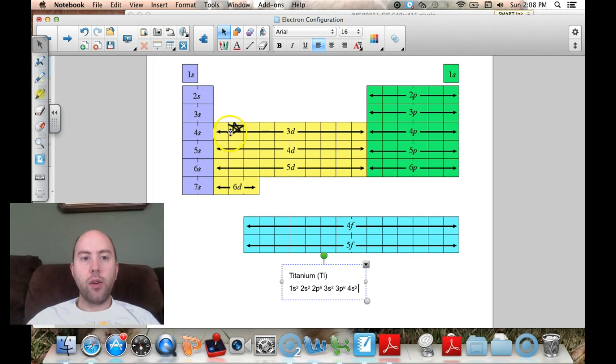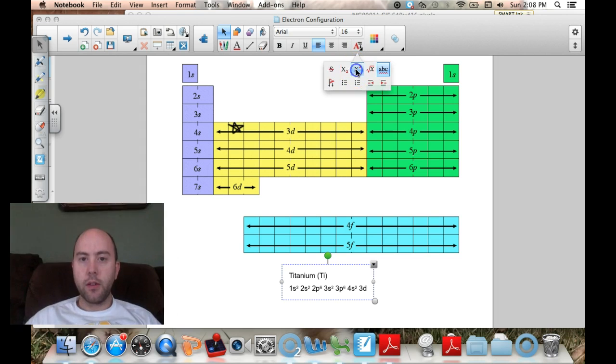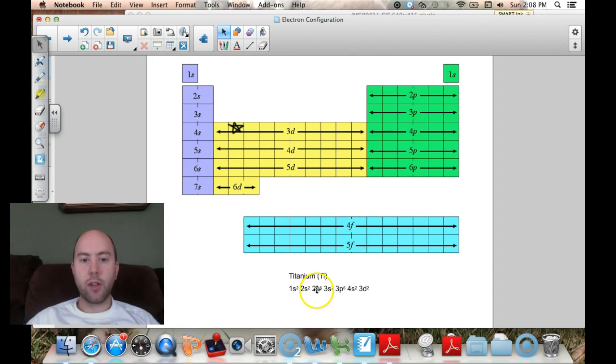And even though this is the 4th period, I'm going to write 3. Then I'm going to put my D, and then how far into the D's is titanium? It's 2. So it would be 3D2. So titanium's electron configuration is 1s2, 2s2, 2p6, 3s2, 3p6, 4s2, 3d2.